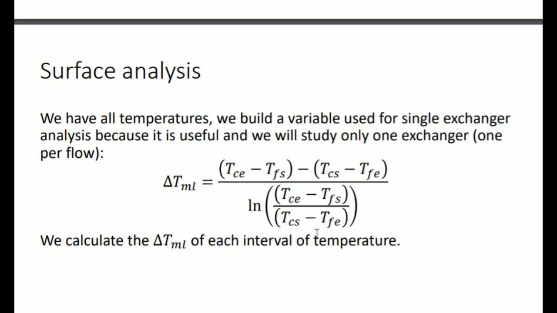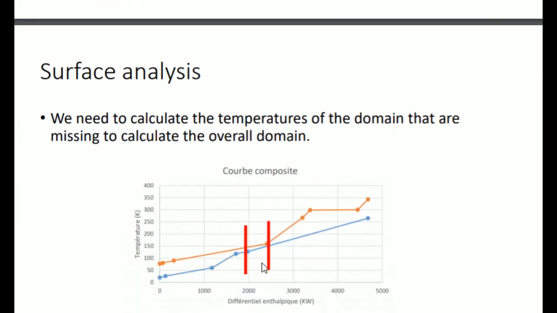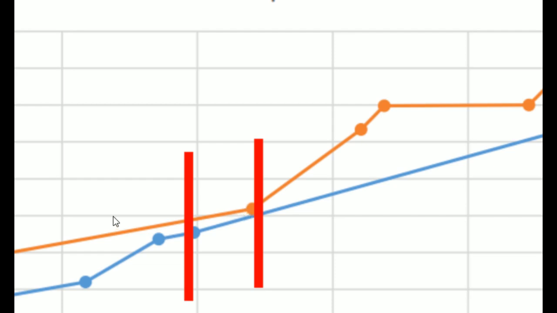Oh, I said interval of temperature, but it's an interval of enthalpy. So for each block like this, when we have all these curves, we isolate when a curve changes slopes. So here, we calculate in this interval a value called delta TML. So we say that this area is an exchanger.